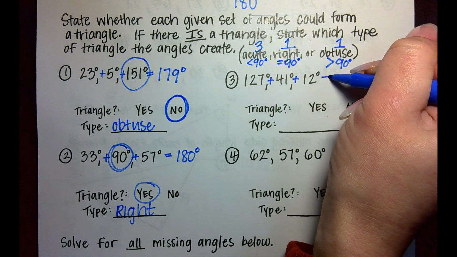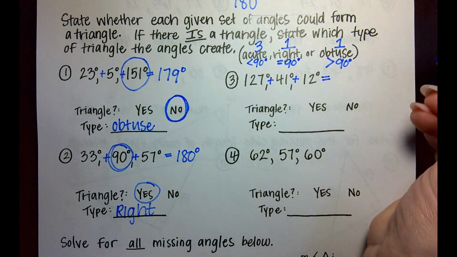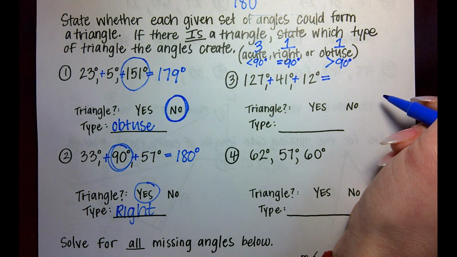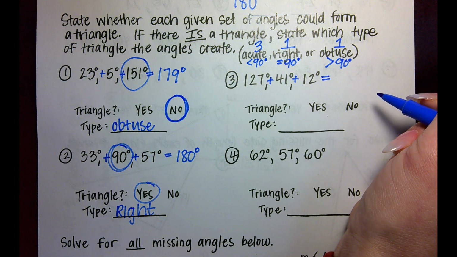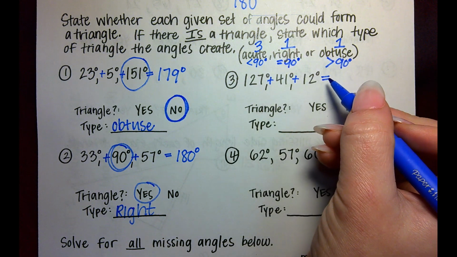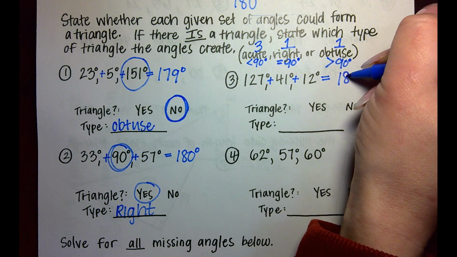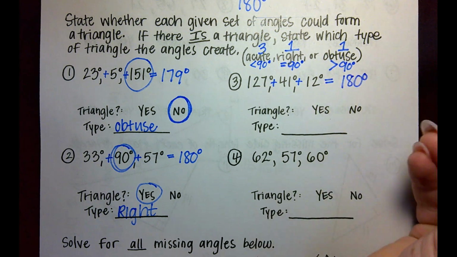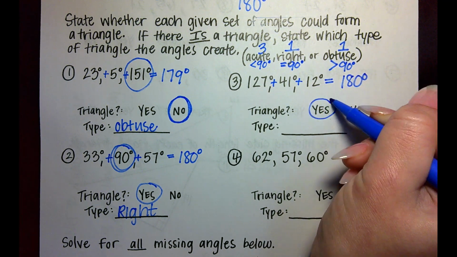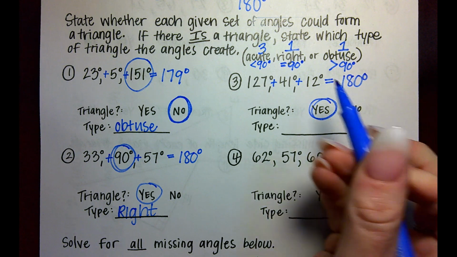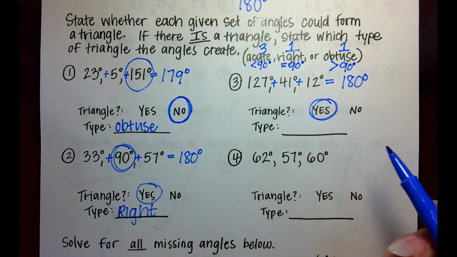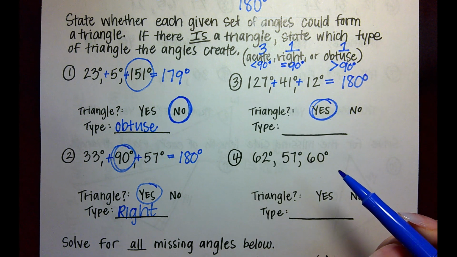127 plus 41 plus 12. What's that give us? 180. I haven't done it yet. It's 180? All right, 180. So is it a triangle? Yes. What kind? Right. It's a right triangle. Do I have a 90 degree angle there? Oh, yes, obtuse. Obtuse again.